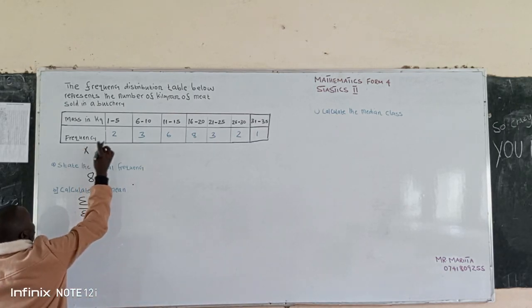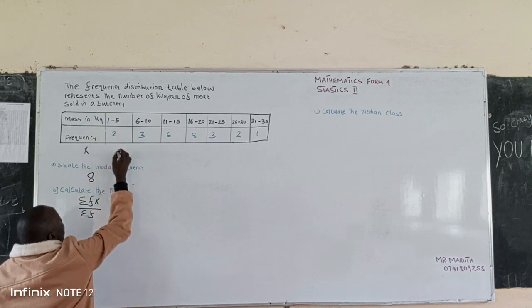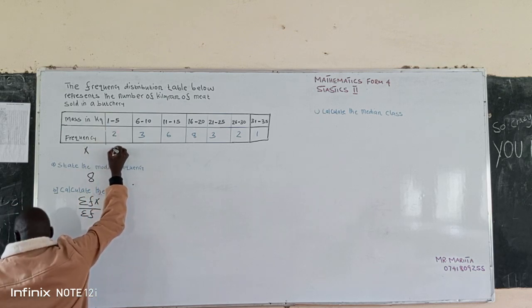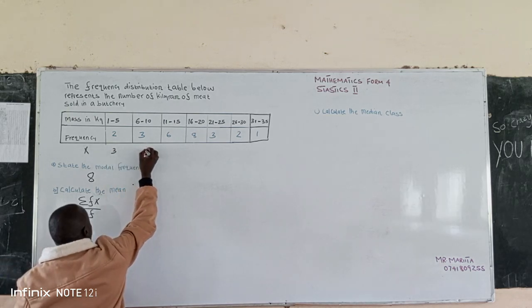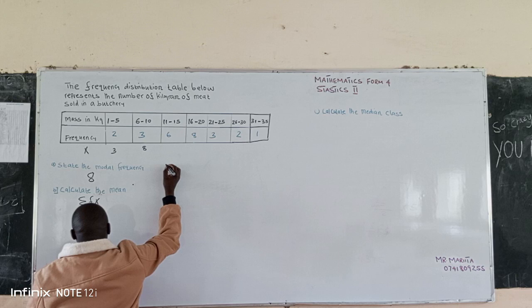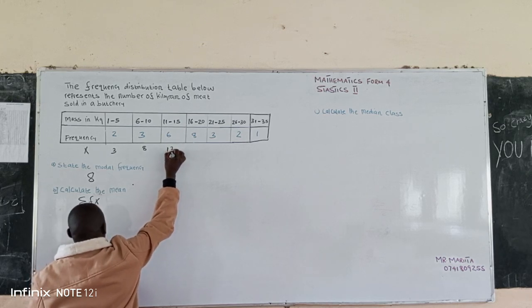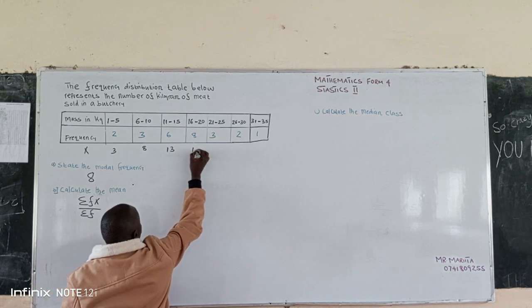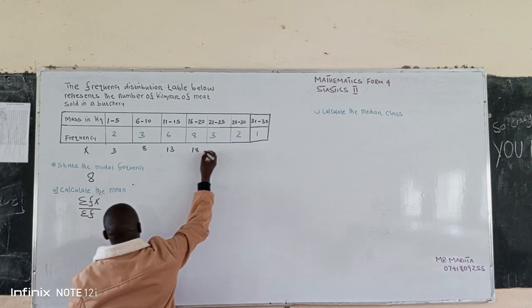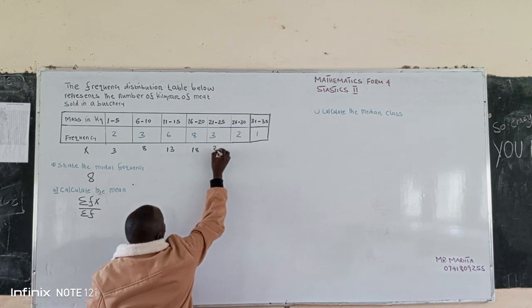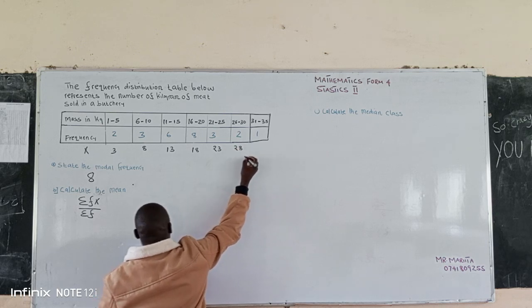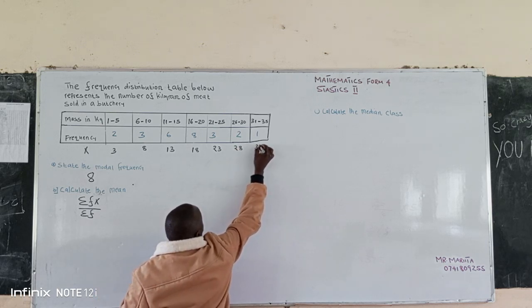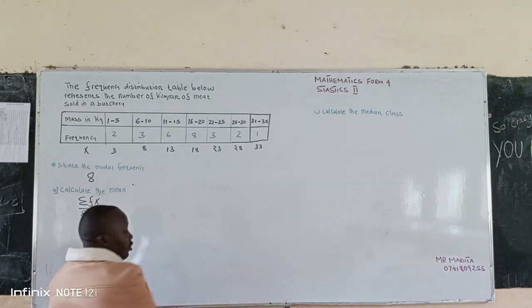Our x here is the midpoint, 5 plus 1 divided by 2, which will give us 3. The next one will give us 8, then 13, then 18, then 23, then 28, and finally 33. How do you get that?